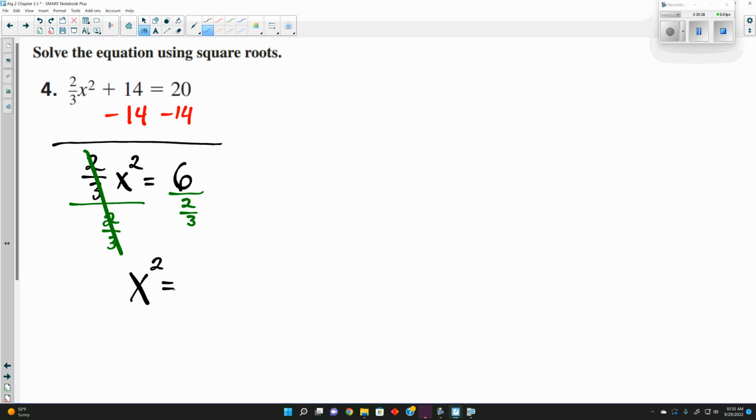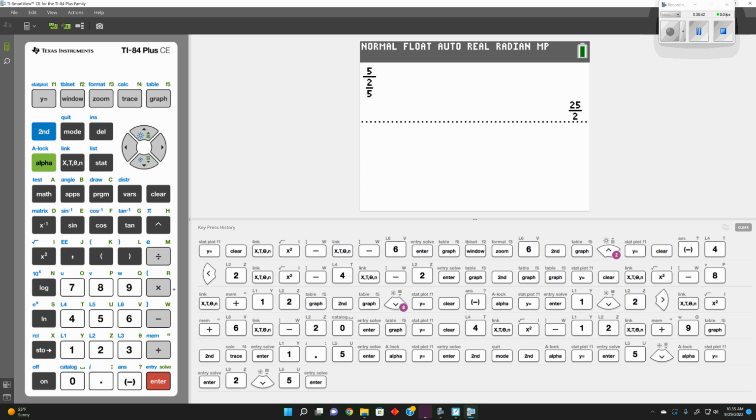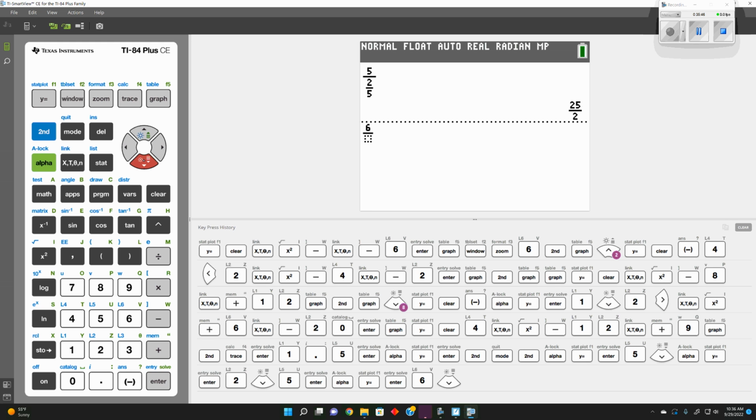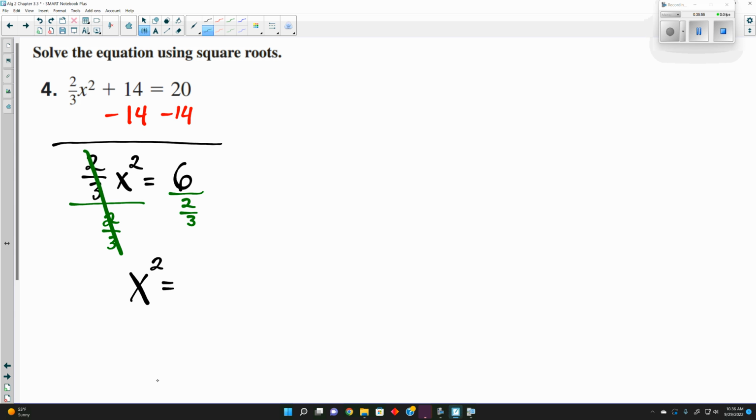So now we need to do 6 divided by 2/3. 6 over 2/3 gives us 9. Hey, that's a nice number.